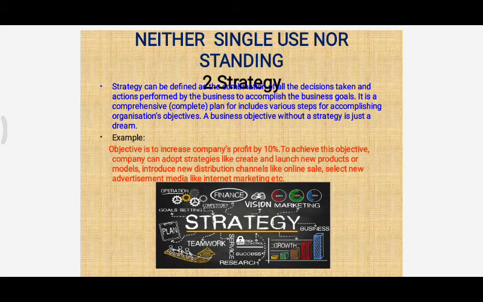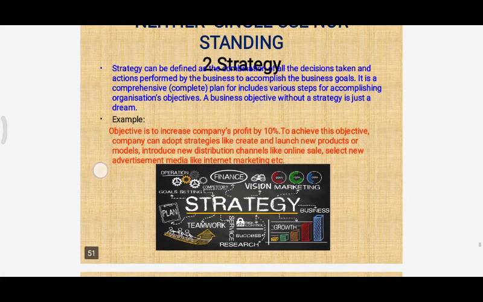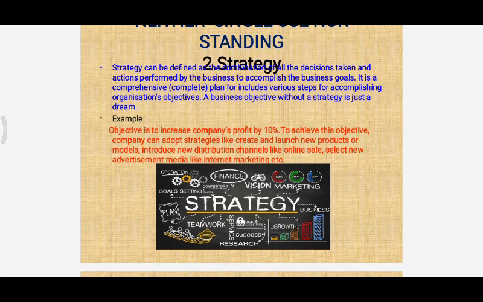For example, the objective of a company is to increase its profits by 10%. To achieve this objective, the company may adopt strategies like creating and launching new products or models, or introducing new distribution channels like online sale, or selecting a few newer advertisement media like internet marketing, etc. So here, in order to achieve our objective, it is trying to adopt a particular course of action, and it is trying to take the best decision which will help it in achieving its objective.